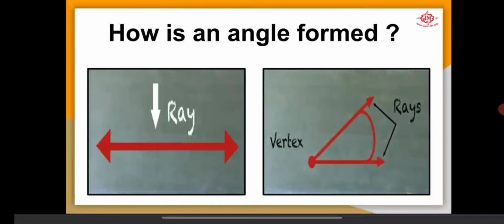The two rays are called the arms of the angle. So children, in the first image, you can see a ray or a line, and in the second image, you can see that when the two rays or lines join together, an angle is formed, and the meeting point is called the vertex.